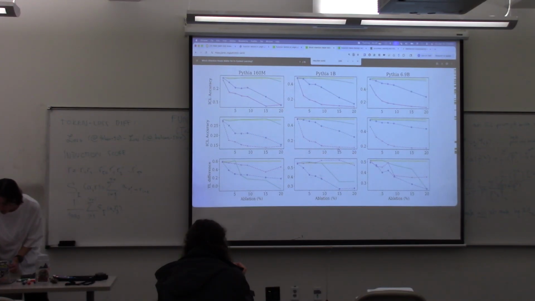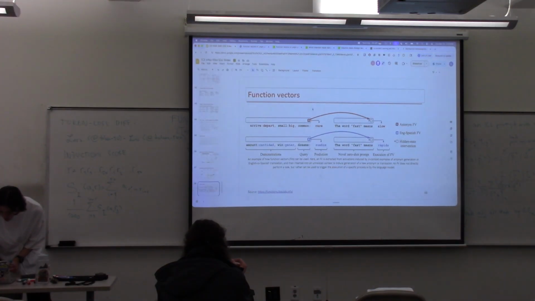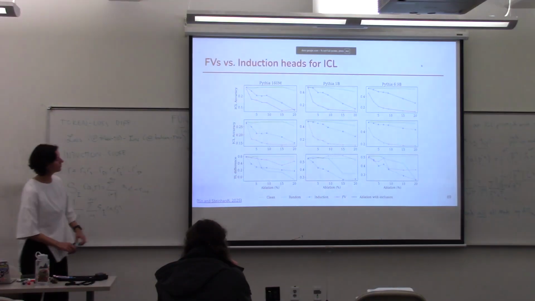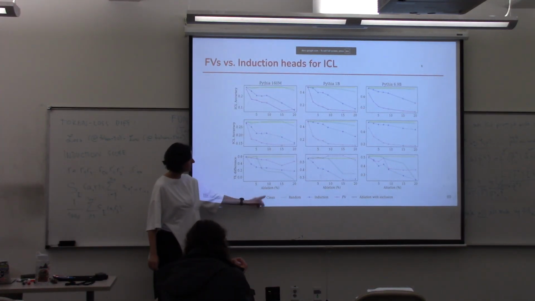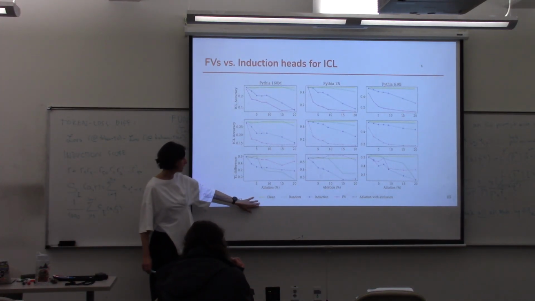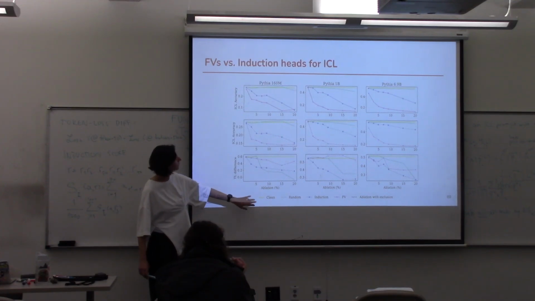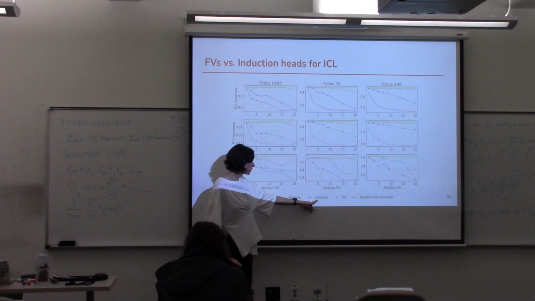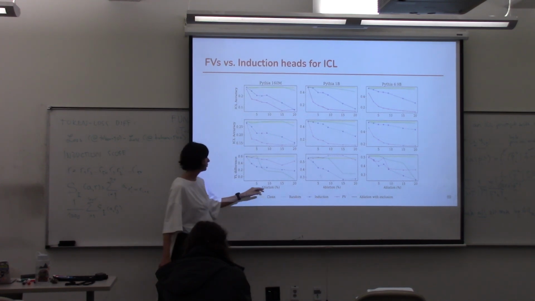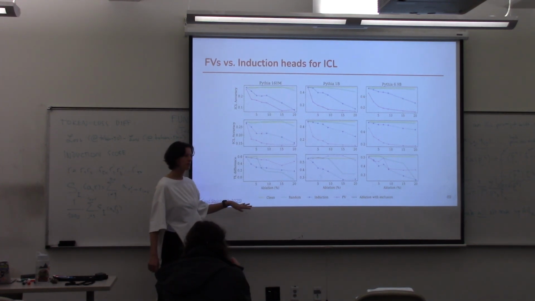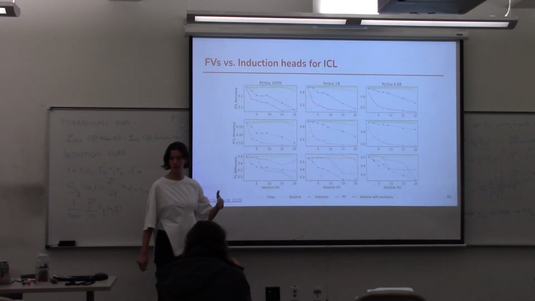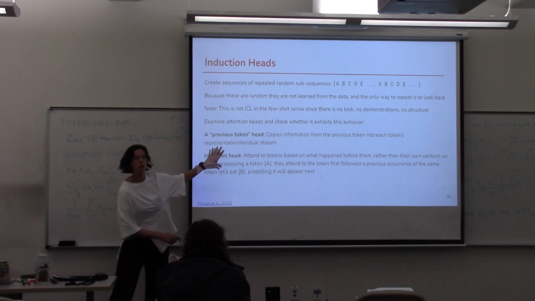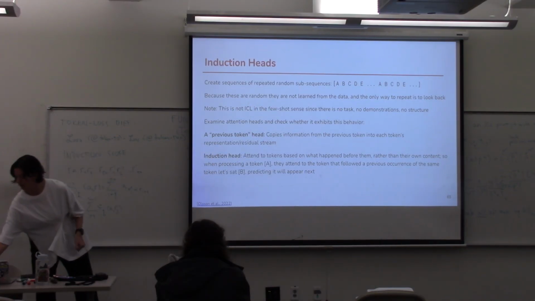Let me zoom. Okay, so here, the yellow flat lines are just a clean run. With random, we are randomly predicting. Induction points to attention heads identified through checking whether these heads have this behavior.